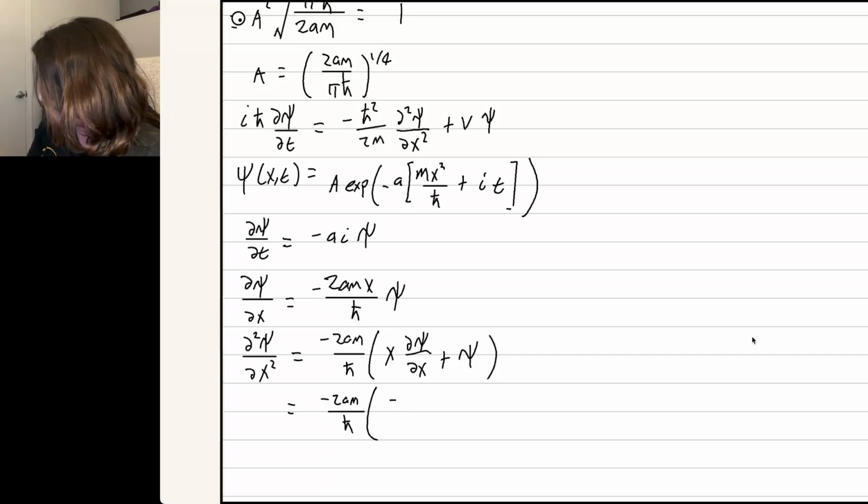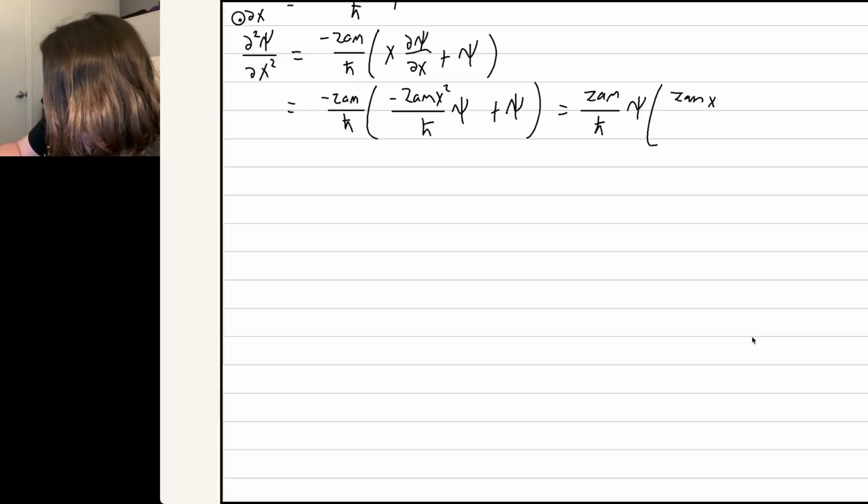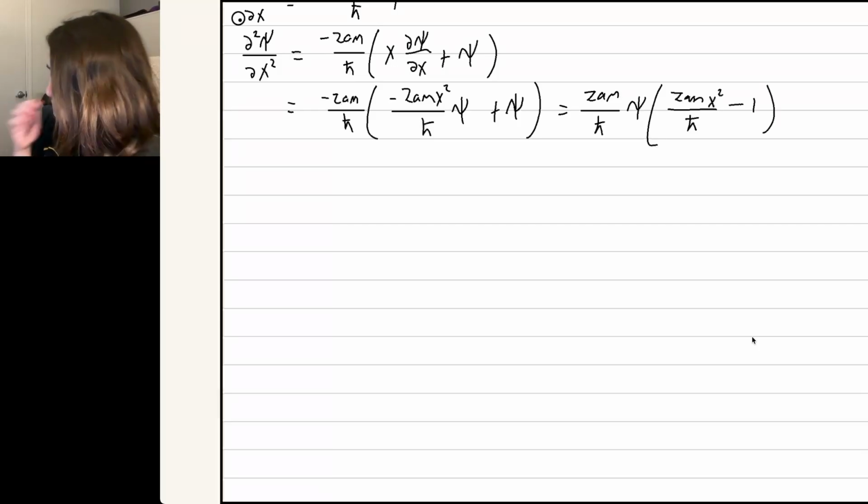So it'll be minus 2amx squared over h bar psi plus psi, and then factoring that minus sign through and factoring the psi out like that, you'll have 2amx squared over h bar minus 1. Okay.